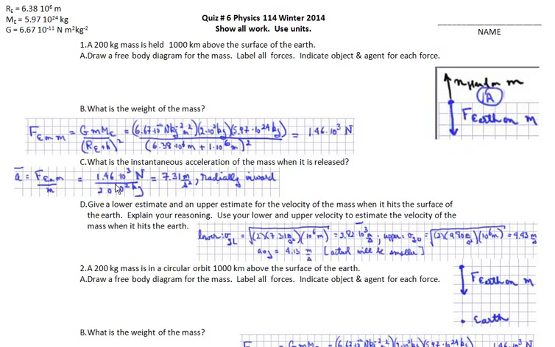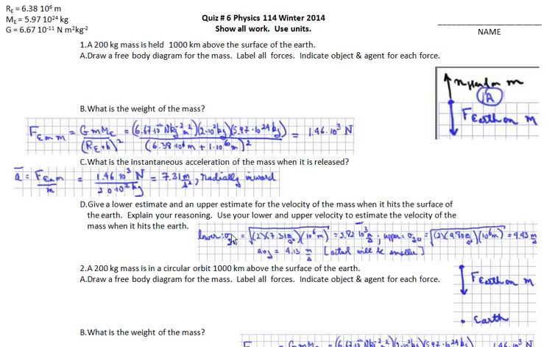That will be the net force. And so the net force, when I release it, is this, divided by 200. So it's 7.31 meters per second squared radially inward. Note that this is a little bit less than 9.8 because the force is less than it ordinarily would be at the surface of the Earth.